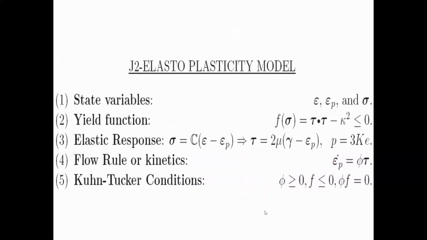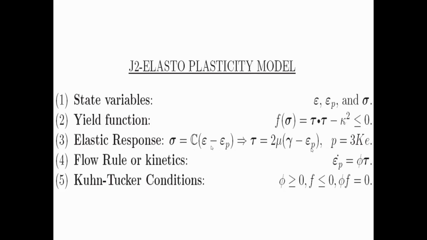And that's it, over. We have an elastoplastic model where we have epsilon, epsilon p and sigma. Now earlier there was only epsilon and sigma. Now we have epsilon p because epsilon p is different from epsilon. And the elastic response is given by this. This is for the total stress.